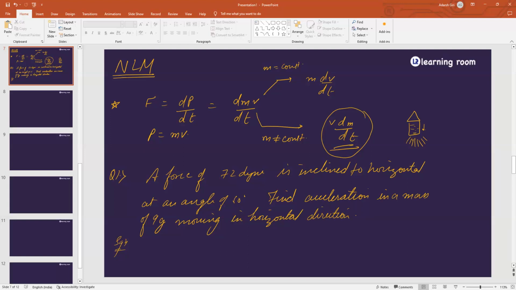Four centimeter per second square. That's correct. Arvind said the answer. Anybody else? So what is the theta value? Theta is 60 degrees.